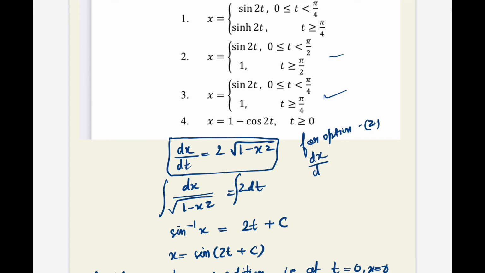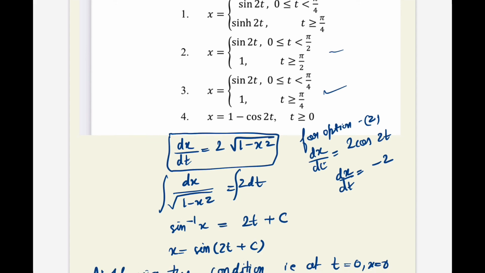So dx by dt becomes 2 under root 1 minus sine square 2t, which will be 2 cos 2t. Now when t equals pi by 2, dx by dt becomes 2 cos pi, that is minus 2.